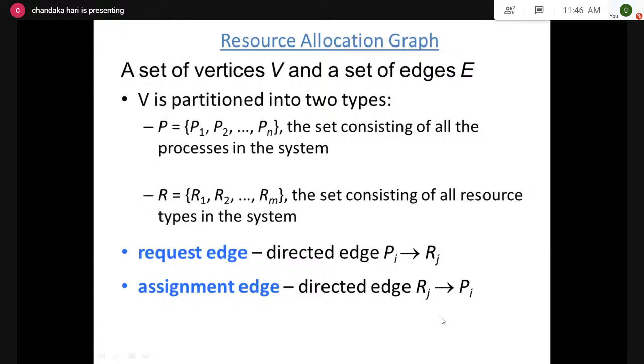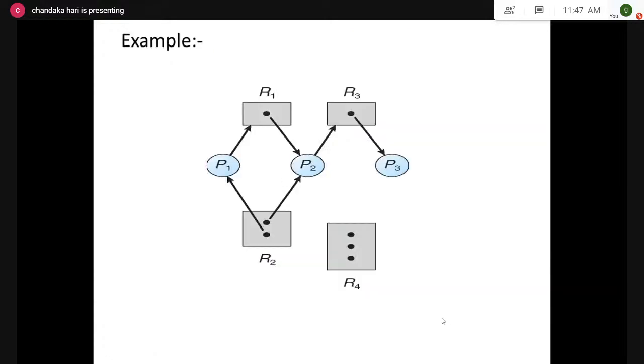Number one is the requesting edge, that is, process Pi is requesting a resource Rj, and number two is the assignment edge, that is, the resource Rj is already assigned to process Pi. That's it. Now we'll see an example.